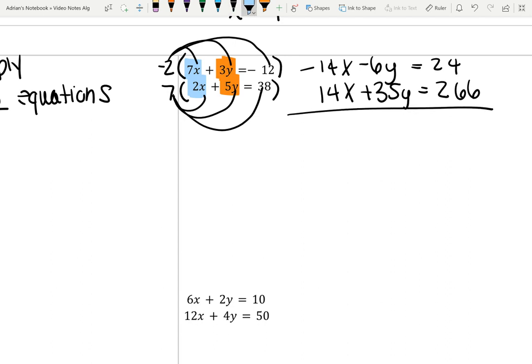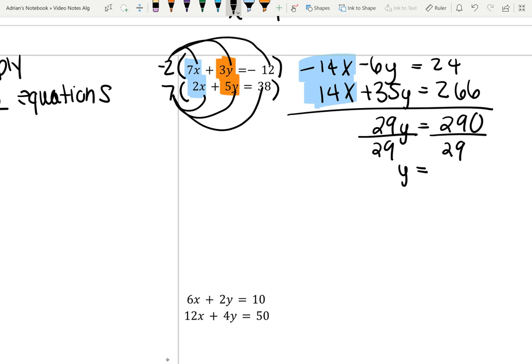So now if I look, I have a negative 14x and a positive 14x. Those do become 0, so I know I'm on the right track here. So I'm going to add my y's together to get 29y equals 290. Divide by 29, and my y is 10.